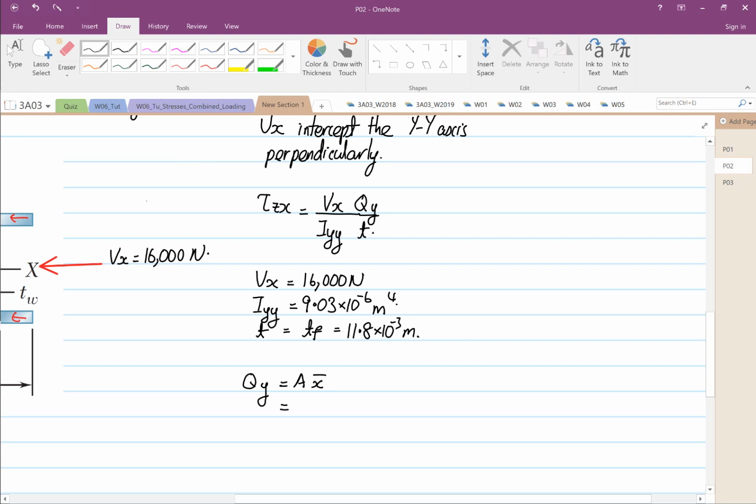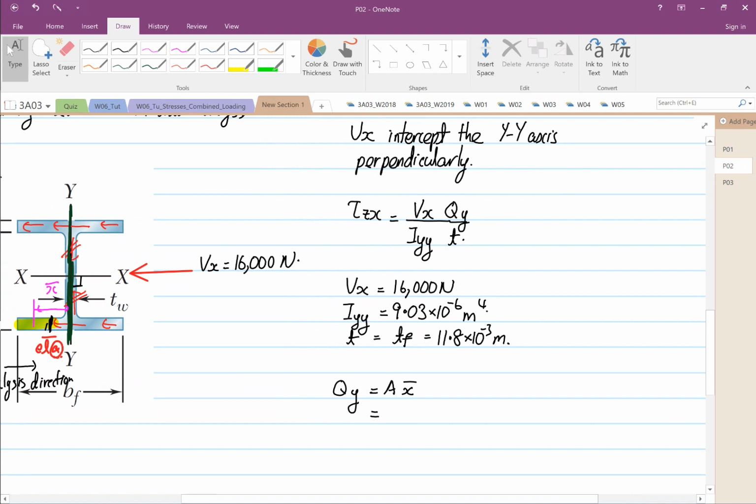So area, the width will be 11.8 times 10 to the power minus 3. The depth is equal to 0.075.